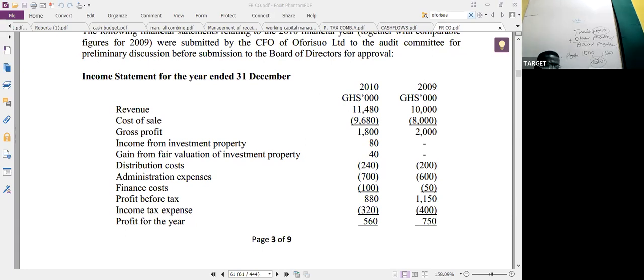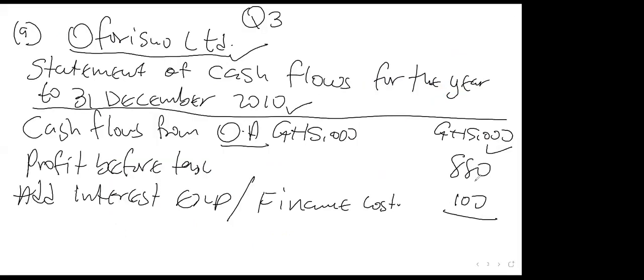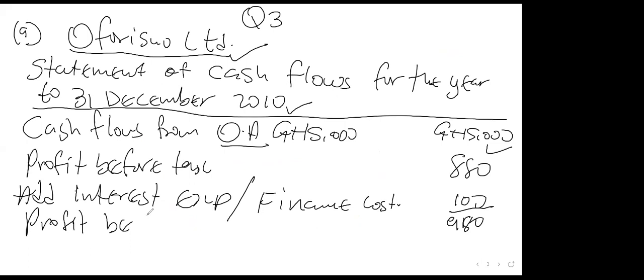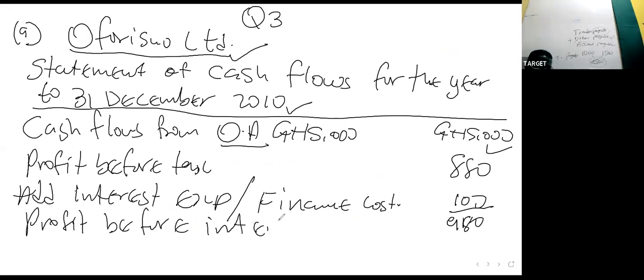Finance cost is 100. When you add, what do you get? $980. This 980 is called profit before interest and tax.